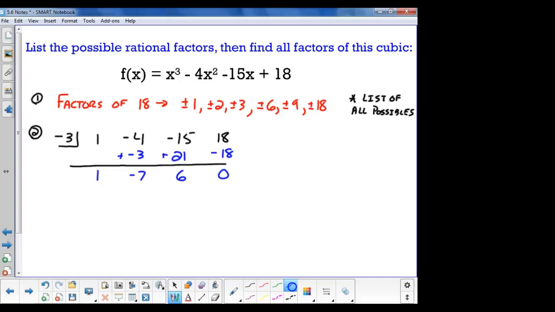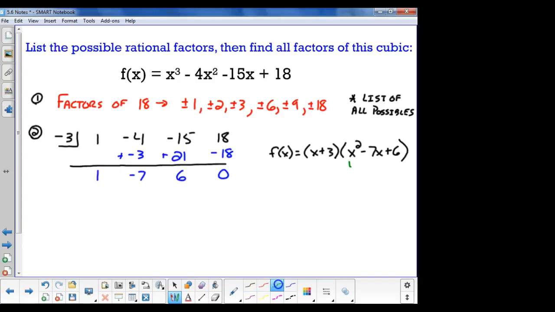Okay. Now, I'm going to show you something different too. Because this function, if I were to write it out, f of x here is now x plus 3 times x squared minus 7x plus 6.